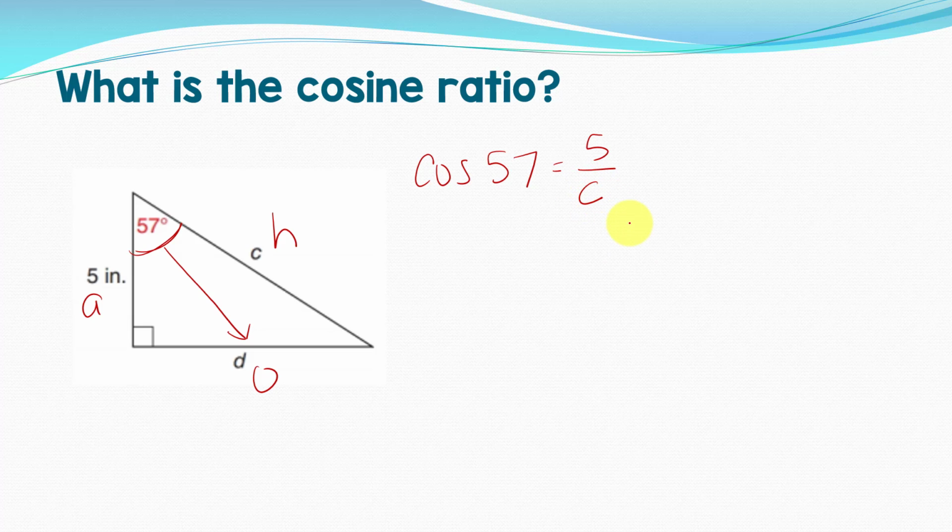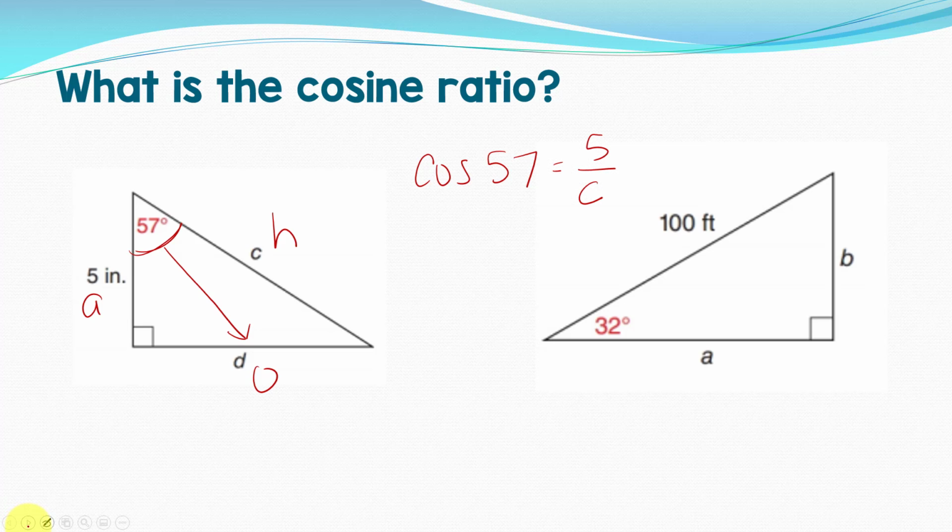We're simply labeling and finding the ratio. Okay, here we go. Try it, see if you can do it. The cosine of 32 degrees. Cosine only uses adjacent and hypotenuse, so adjacent over hypotenuse.